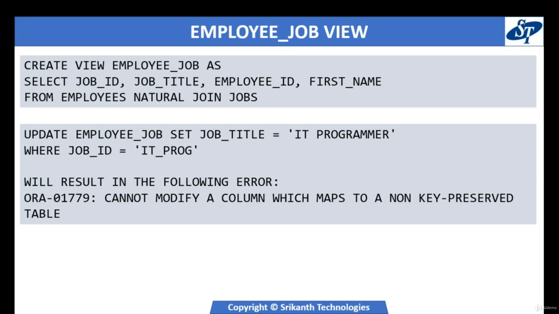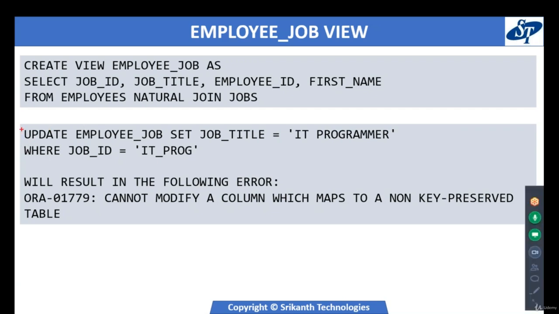So in this context, if I try to update any column of employees table, like first name, for example, that's fine because you can update a key preserved table. But if I try to update a job title, which is coming from a non-key preserved table, because jobs is not a key preserved table, Oracle throws an error.